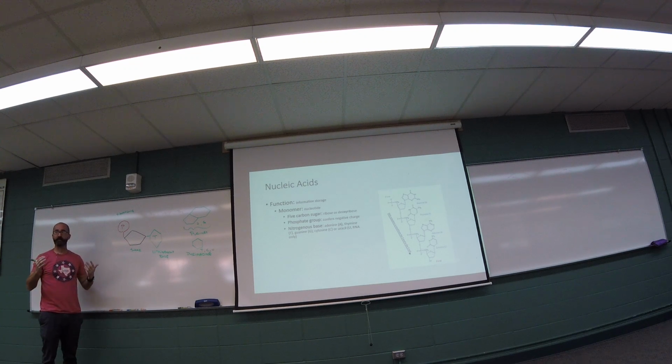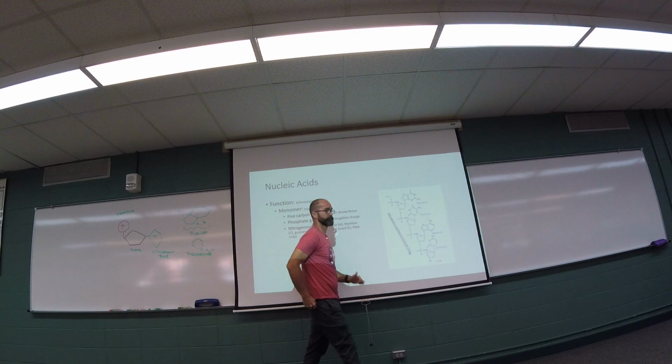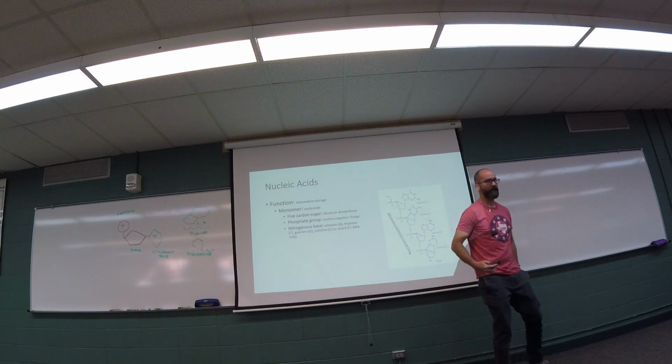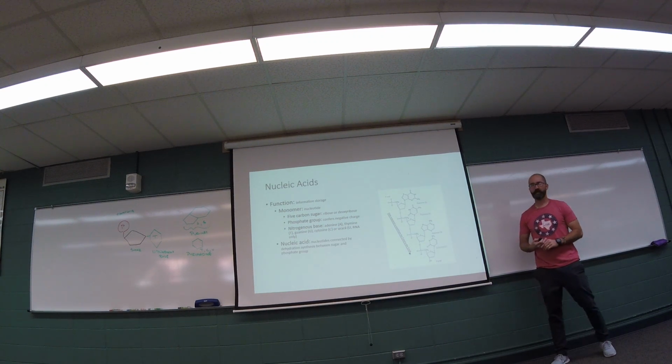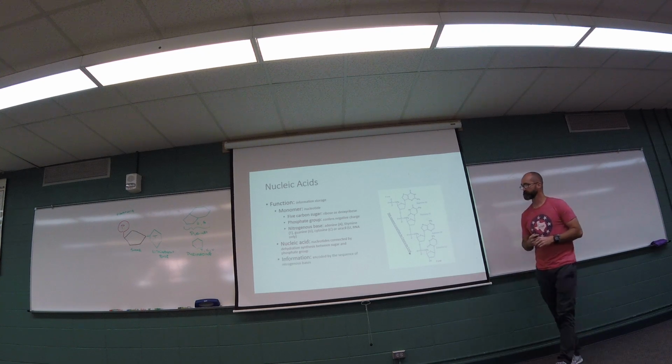So the backbone of our nucleic acids consists of repeating phosphates and sugars. And that bond is called a phosphodiester bond. So a nucleic acid is just repeating subunits of nucleotides that are all connected with covalent bonds.